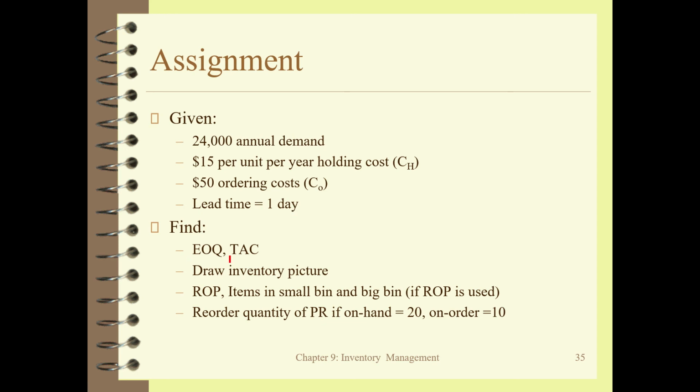Find EOQ, TAC, draw the inventory picture, find the reorder point, and items in the small bin and big bin if the reorder point is used, and if we change into the periodic review system. PR stands for periodic review system. If on hand inventory is 20 and on order is 10, what is the reorder quantity of the PR?